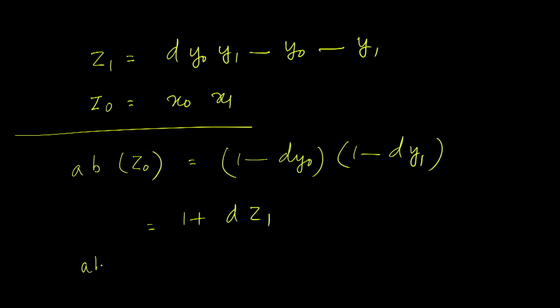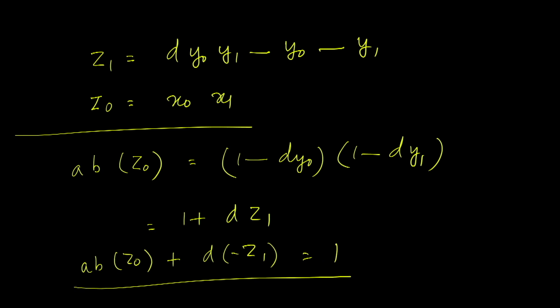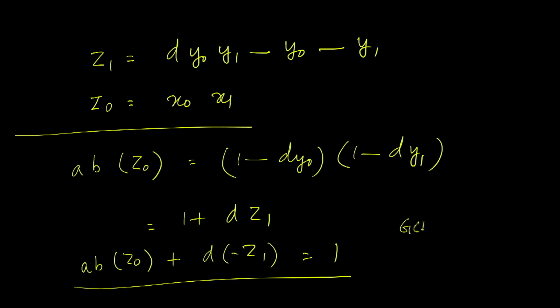That is AB into z0 plus D into minus z1 equal to 1. Therefore, if you consider the linear combinations of AB and D with integer coefficients, the least positive member of that set is going to be 1. If 1 is present in that set, certainly 1 has to be the least among them. In other words, GCD of AB and D will have to be 1.